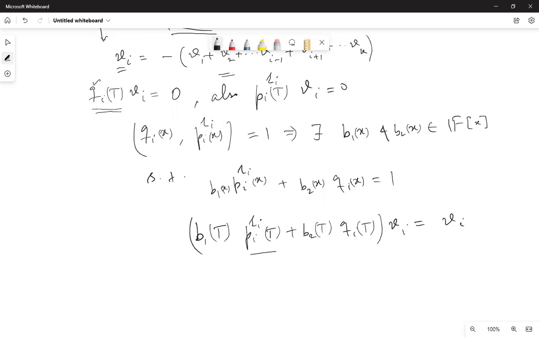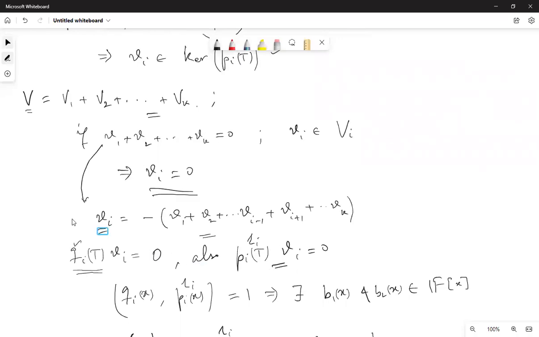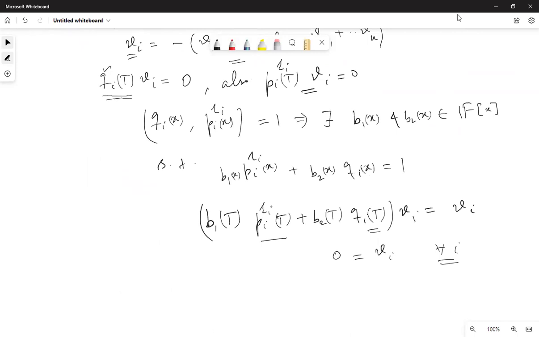Here, this part is already known to us as 0. This part is already known to us as 0. So this means Vi is 0. This is true for all i's. That means this sum is direct. That confirms that my V is decomposed as V1 direct sum V2 direct sum up to Vk.